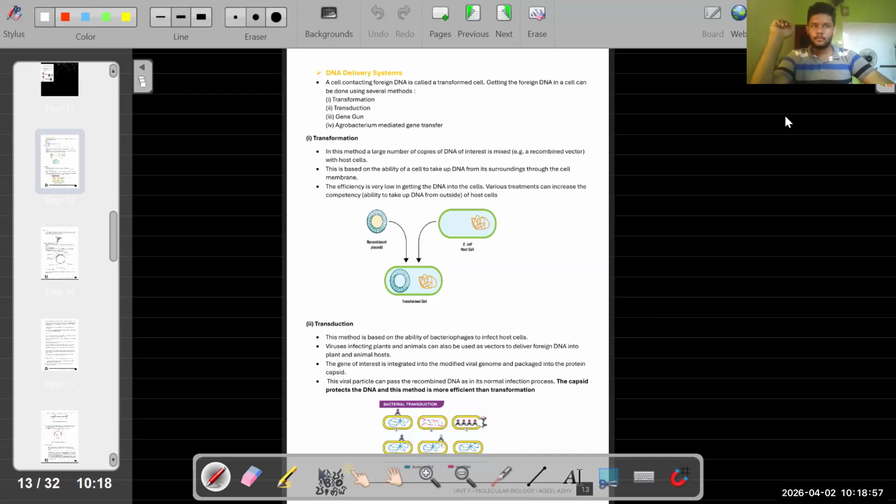So during that, what happens? DNA is converted, or transferred, into a host cell. That is carried out in four methods. The first one is transformation. You have learned this, right? This is not the first time you are coming across the word transformation.